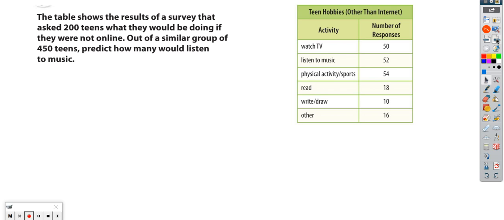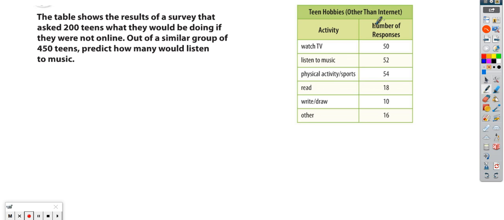All right, last example, you'll have some problems like this on your homework. It says the table shows the results of a survey that asked 200 teens what they would be doing if they were not online. Imagine that, not online. Out of a similar group of 450 teens, predict how many would be listening to music.